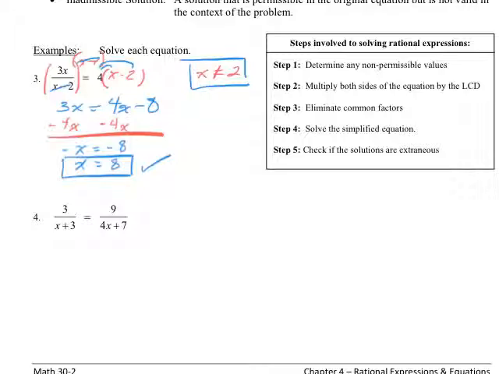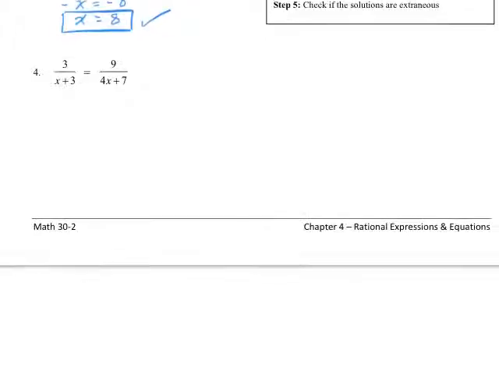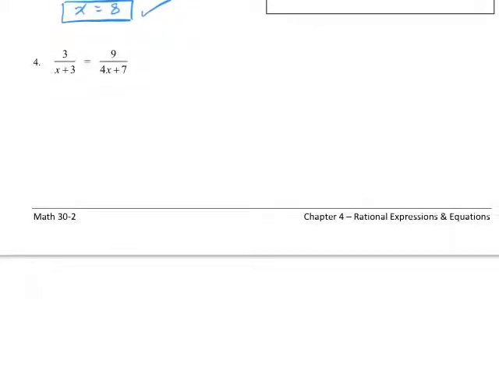On to question number 4. This time, as we look at the lowest common denominator, we have a denominator on both sides of the equation. So we'll multiply both sides by x plus 3 and 4x plus 7.